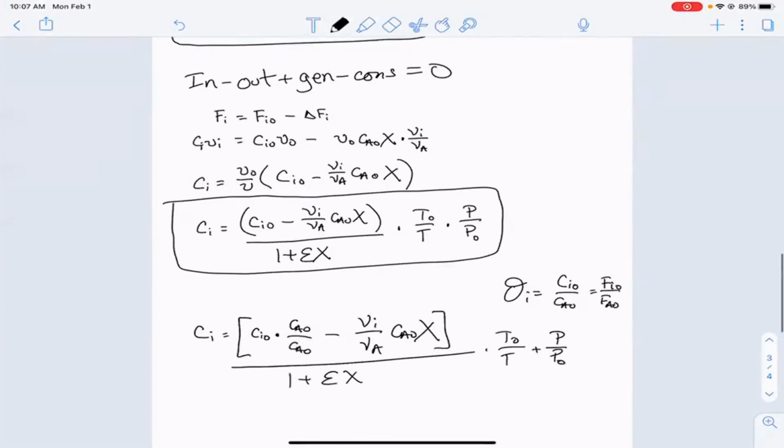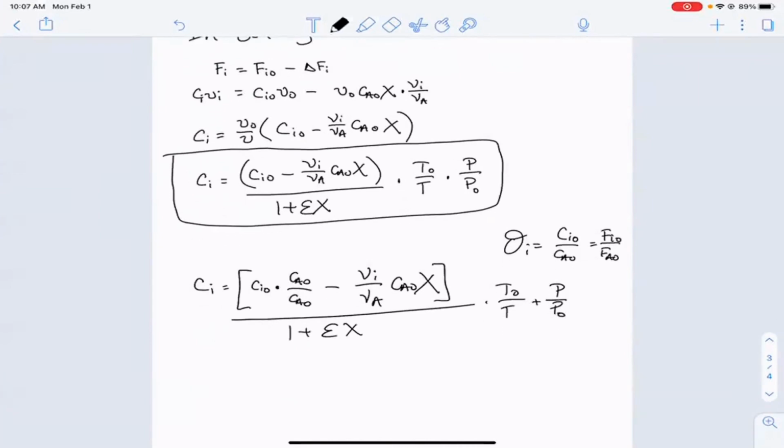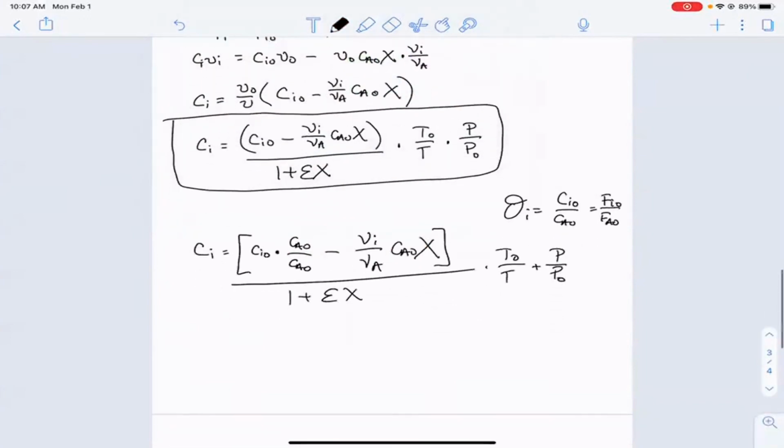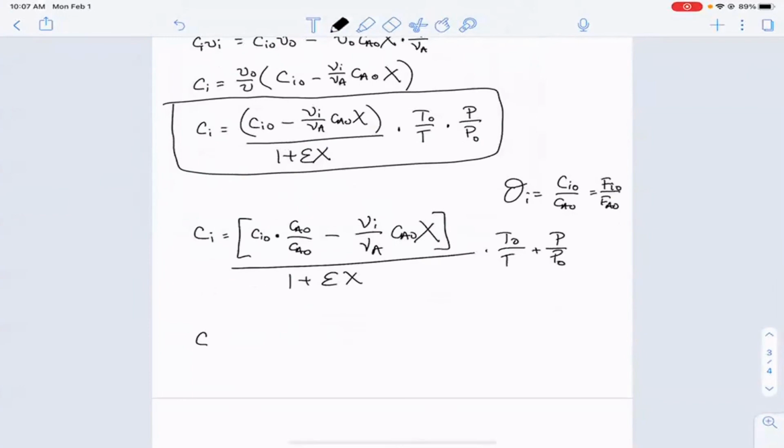And the reason that they do that is that now we have a Ca0 in the numerator of both of those expressions. And so when you do that, we can pull it out. So then Ci just equals Ca0 times Ci0 over Ca0, which of course is this new thing that just got defined.